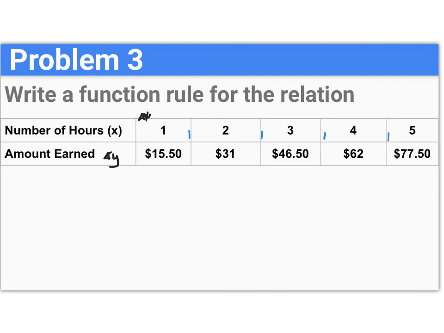The change in y, indicated in red, is 1550. So our change in y divided by our change in x is 1550 over 1.